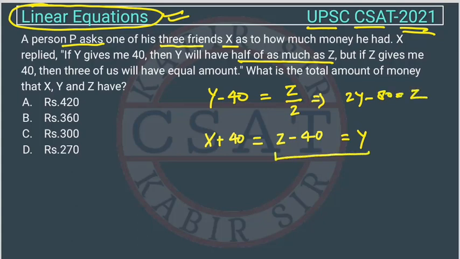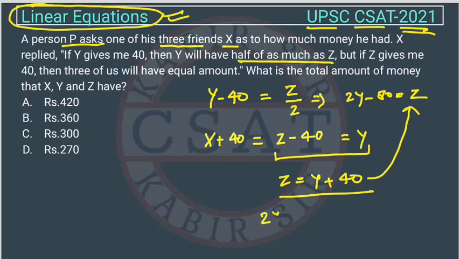Now we will take this equation, right? We will put the value of Z. So from here Z will come out as Y plus 40. So I will put this value of Z here. So it will become 2Y minus 80 is equal to Y plus 40, right?